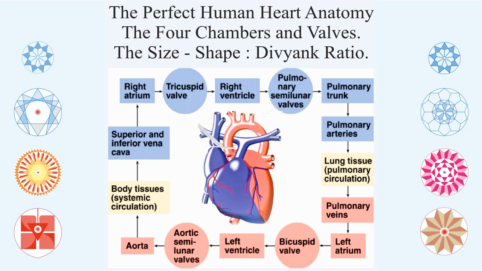Right ventricle to lungs is a pulmonary semilunar valve which carries the deoxygenated blood to the lungs for oxygenation. And then oxygenated blood from the left ventricle is pumped to aorta and the rest of the body through aortic semilunar valve, and that is the picture which I want everybody to understand.